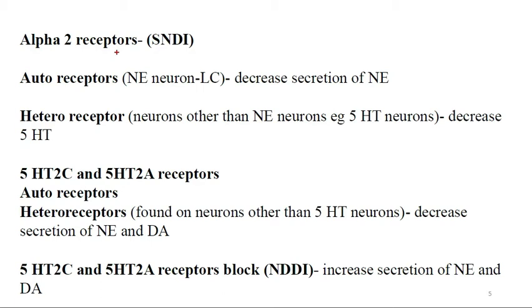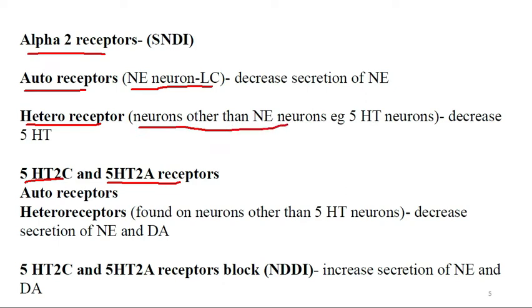But because mirtazapine acts on the alpha-2 receptors and the 5-HT2C and 5-HT2A receptors, I will here focus on those. Alpha-2 receptors are of two types: autoreceptors and heteroreceptors. Autoreceptors are located on the norepinephrine neurons and on the locus coeruleus, whereas heteroreceptors are located on neurons other than norepinephrine neurons, like serotonergic neurons.